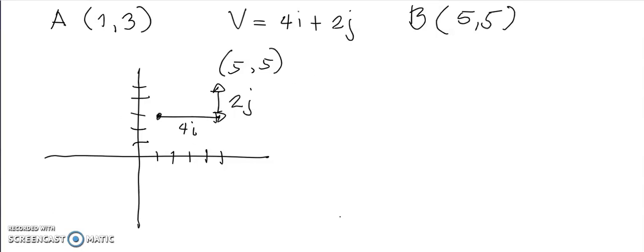Okay, next example. For scalar multiples of vectors, remember we have the property m times a1 and a2, or point 1 and point 2.